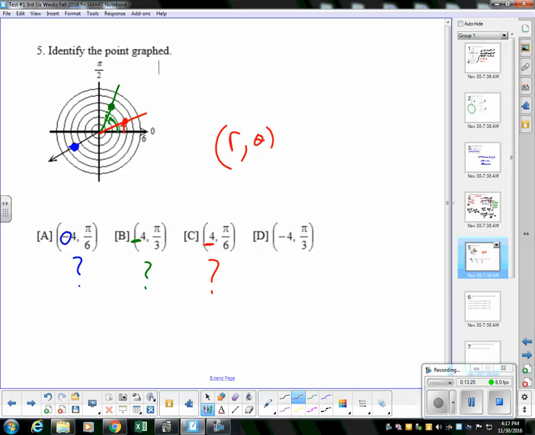That's not where the blue dot is. And hopefully you can see D won't work because D, I'll do that one in black, you go pi over 3 radians, but then you walk backwards 4, and you land back down here. So A has to be the correct answer because of the way you make that point. You rotate pi over 6, and then you walk backwards 4 units.